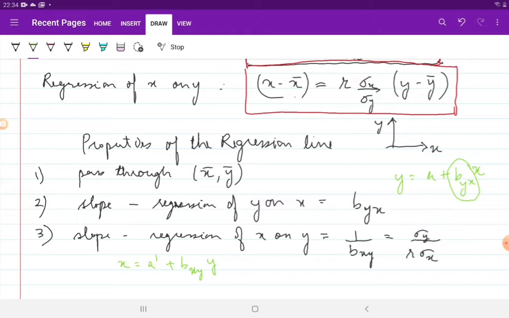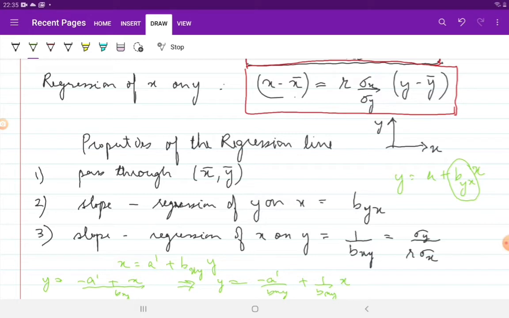So if I express it as y equals mx plus c, it will be y is equal to minus a dash plus x whole divided by bxy, which means y is equal to minus a dash by bxy plus 1 by bxy times x.